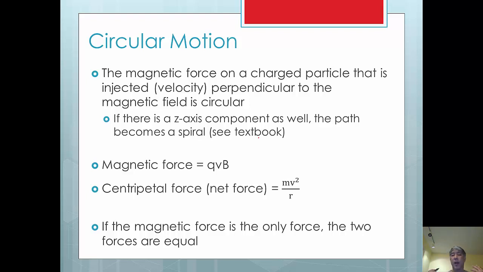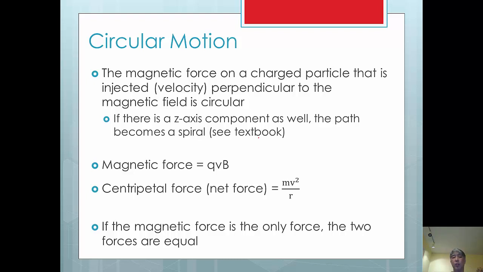The charged particle, as a result, is going to end up moving in a circle. Again, the force is always towards the center, always perpendicular. So the charge will never increase in speed. It will change direction, but it's going to be uniform circular motion.